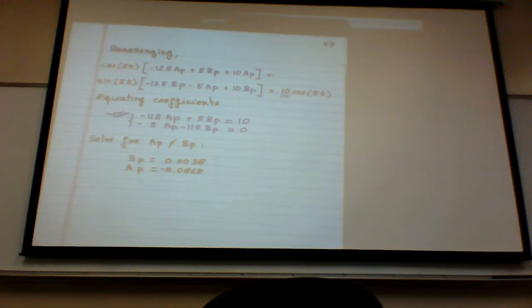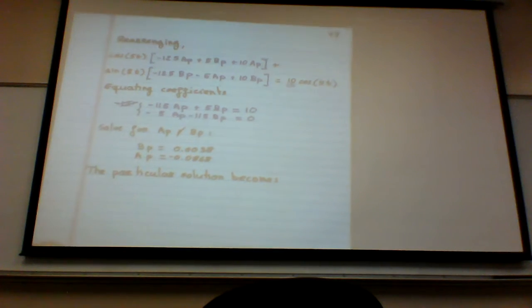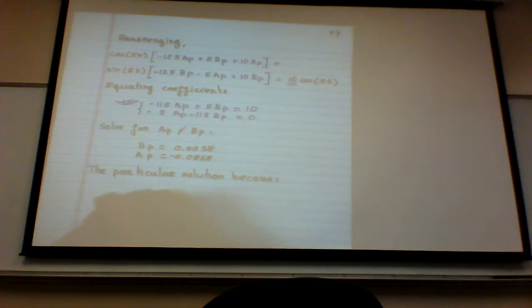So, okay, the particular solution becomes x of p equals A_p cosine omega t plus B_p sine omega t.